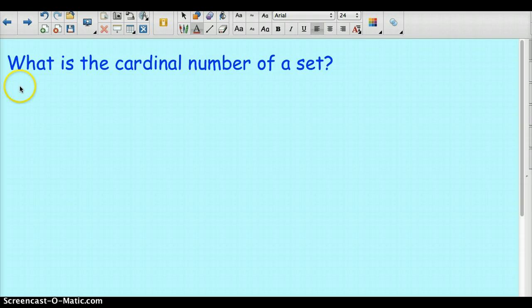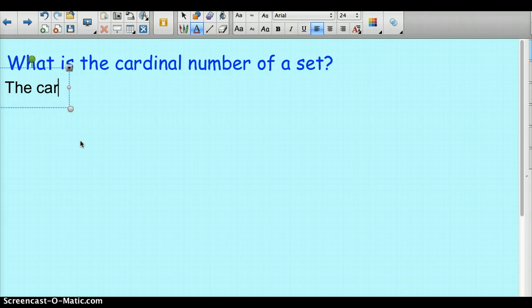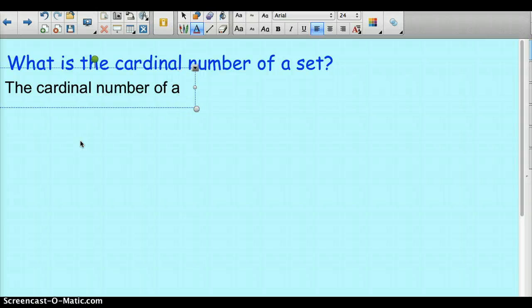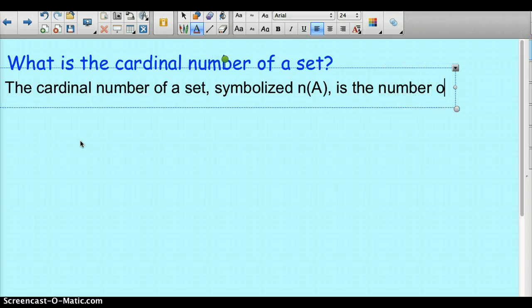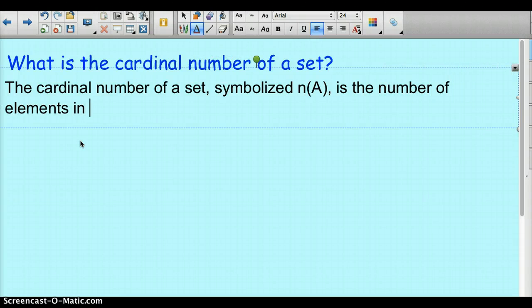This is the fourth one you're seeing, and we're describing sets still. So, starting off with cardinal numbers of a set, or cardinality. That's what we're talking about here. Now, the cardinal number of a set, which is symbolized N of A, is the number of elements in set A. Simple.